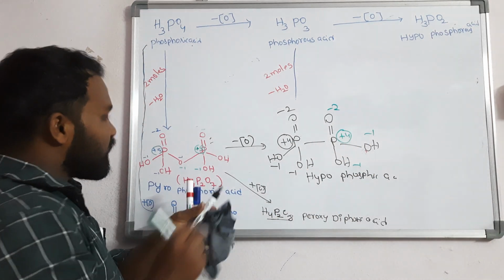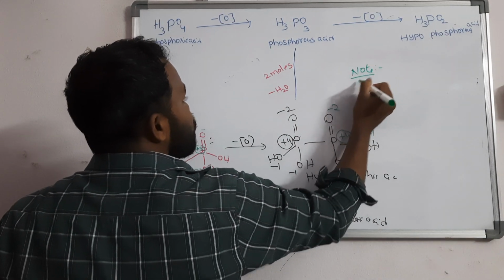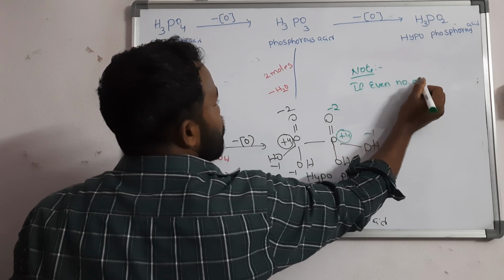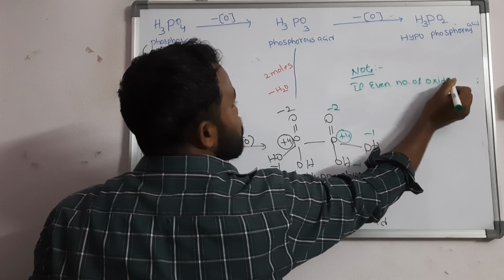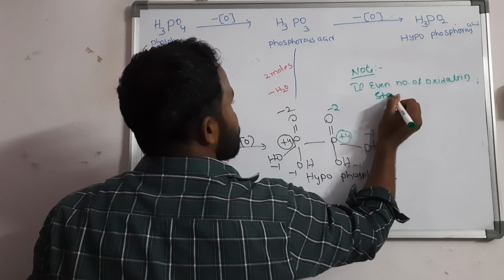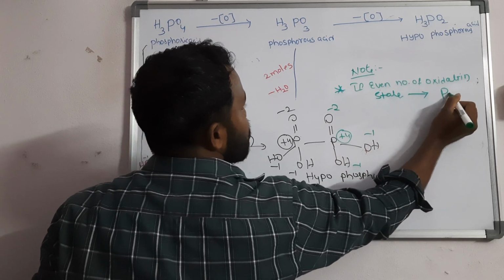That means simply you can write one statement. I will explain. Note: if the oxidation state of phosphorus is an even number, PP bonds exist.